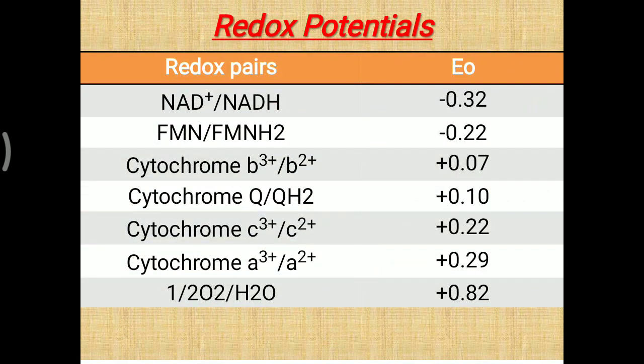Intermediate are FMN, cytochrome B, cytochrome C and cytochrome A. This sequence is also maintained when electrons are transferred from one molecule to another. How the different complexes of the ETC transport electrons is also based on the redox potential of the different molecules. So remember at present that the NAD plus and NADH pair has minus 0.32, while oxygen has the highest, plus 0.82. Mostly electrons are transferred from each molecule finally to oxygen, which has the highest redox potential.